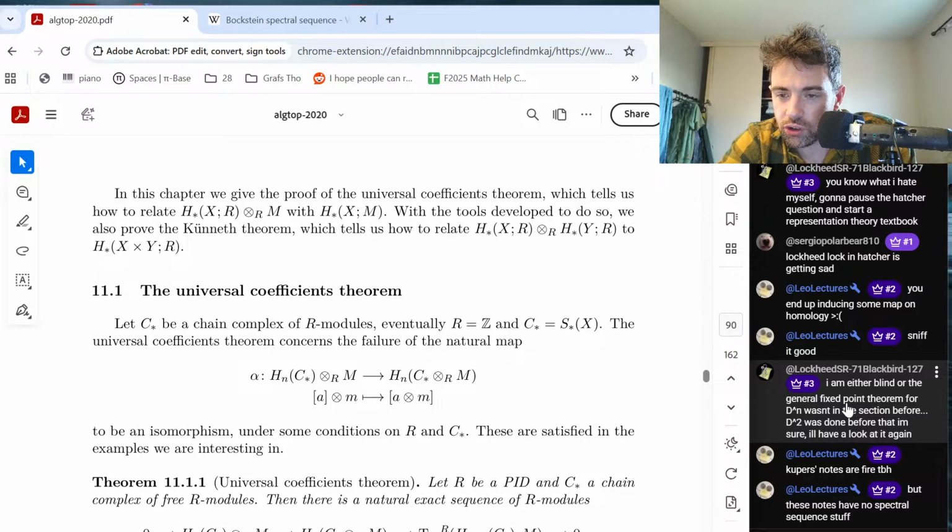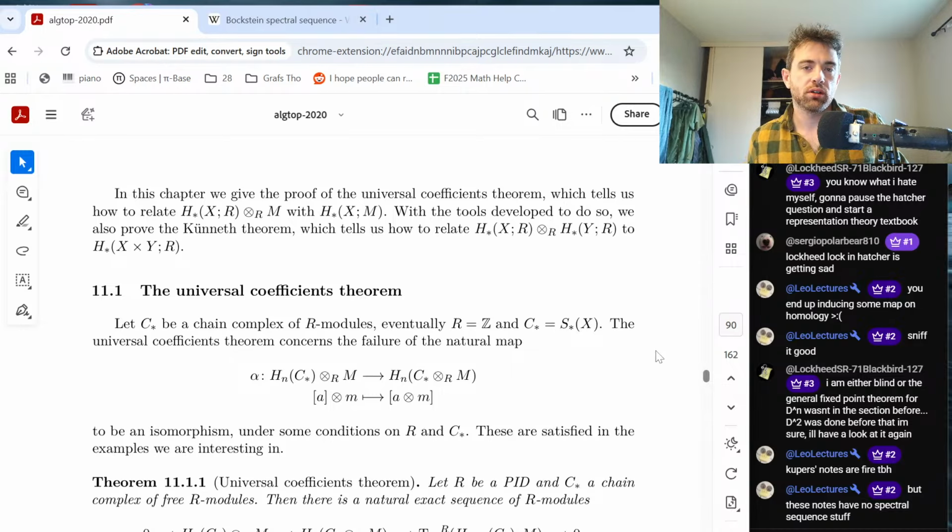Either you're blind or the general fixed point theorem for Dn wasn't in the section before. D2 was done before that, and you're sure? Yeah, go stare at the D2 one. It's going to be some argument where you take this map on D2, you get an induced map on homology, you use something about retractions or blah, blah, blah, and some proof by contradiction.